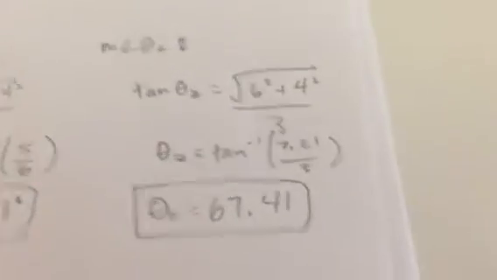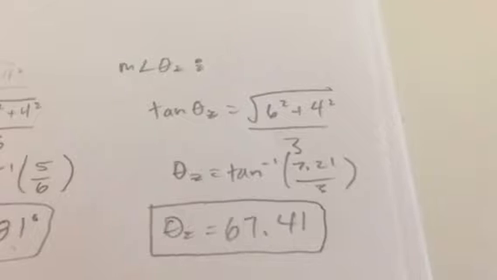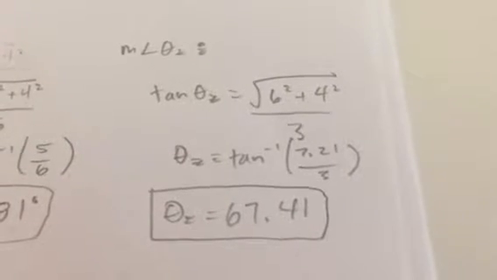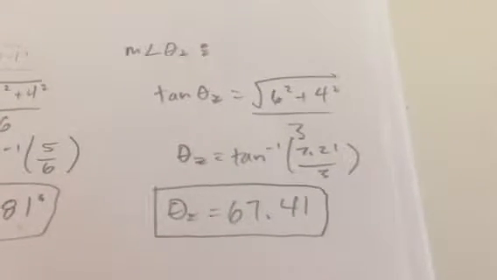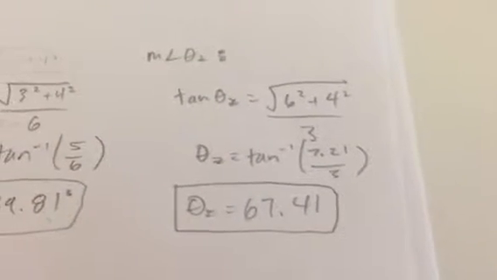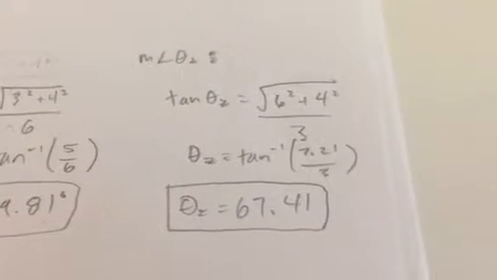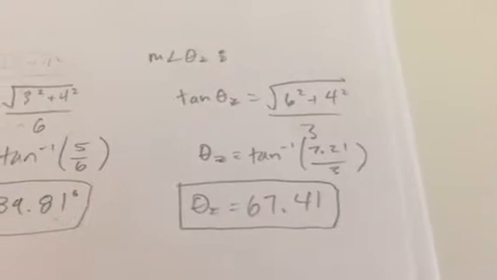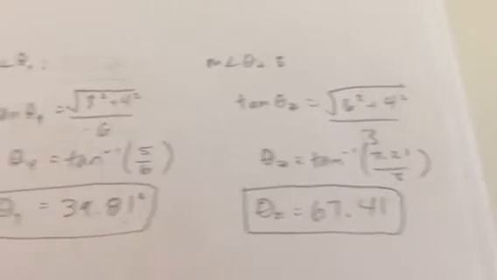And then that's over the adjacent, which would be the z component, which is 3. And so that's where we get tan theta z equals square root of 6 squared plus 4 squared all over 3. And once we solve that out, we find that the measure of the angle that vector B forms with the z-axis is 67.41 degrees.